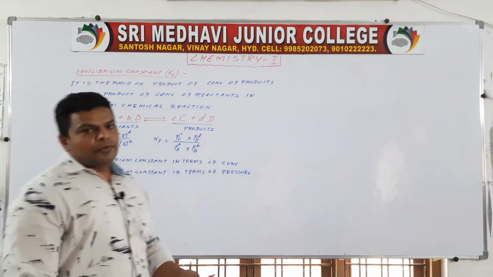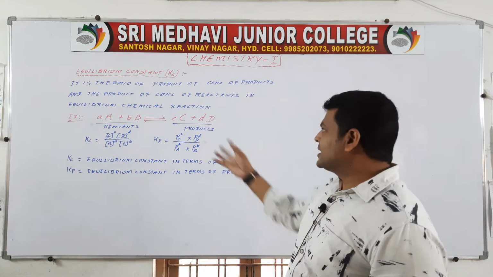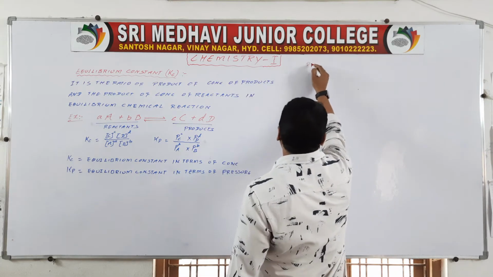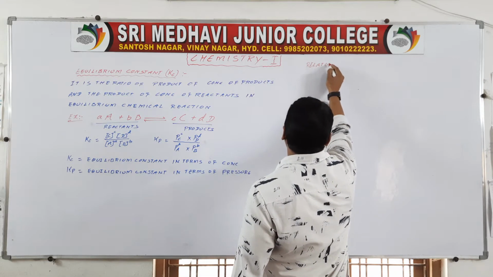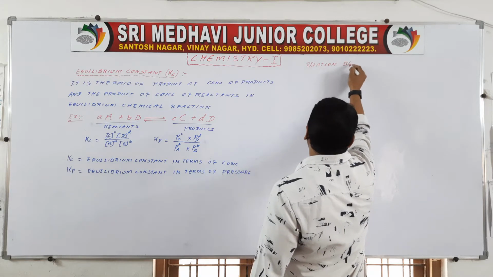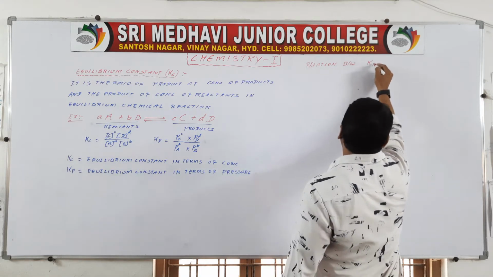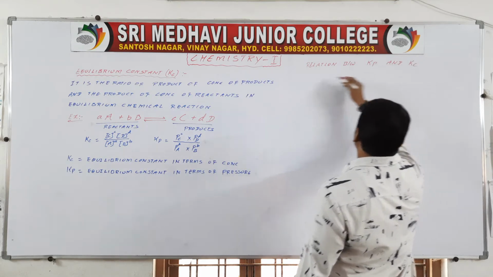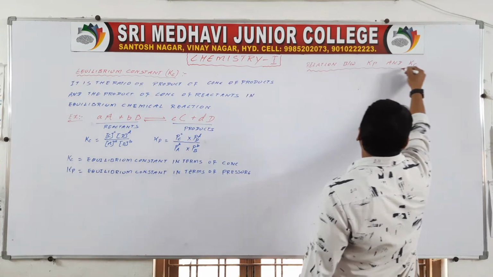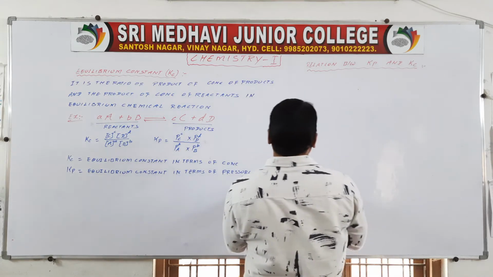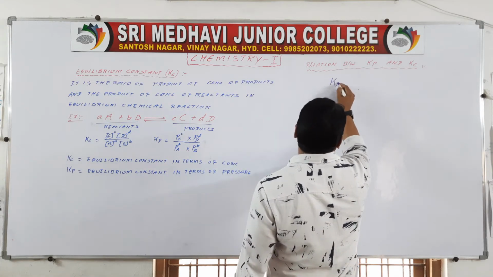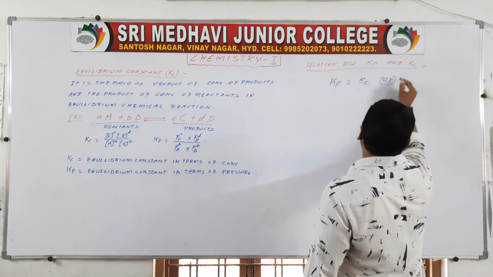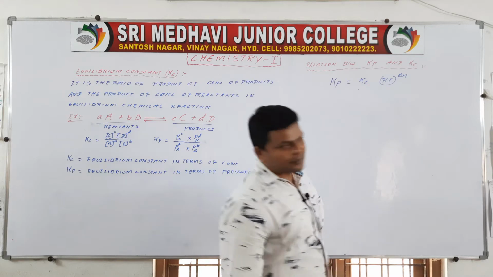Now you have to know the relation between Kp and Kc. Kp equals Kc into RT to the power of delta n.